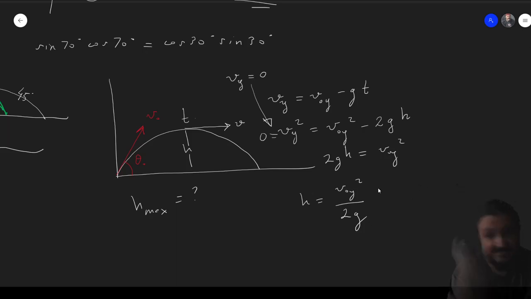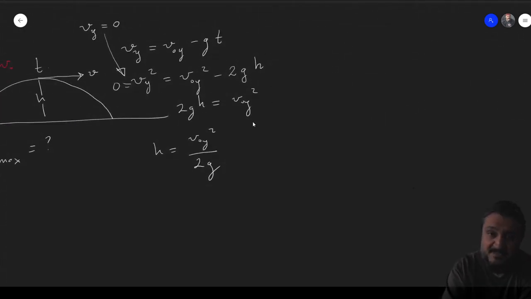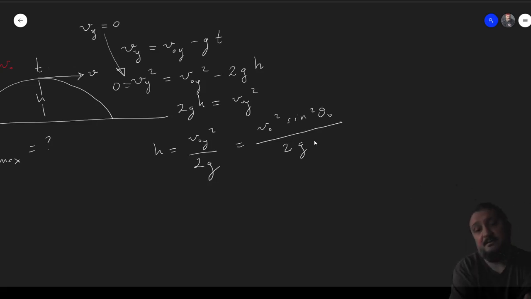But what is h max? Now, inside v naught y there is that angle. So if you write this explicitly, this is v naught squared times sine squared theta naught over 2g. You know that 45 degrees gives you the maximum range. The same principle can be applied here.